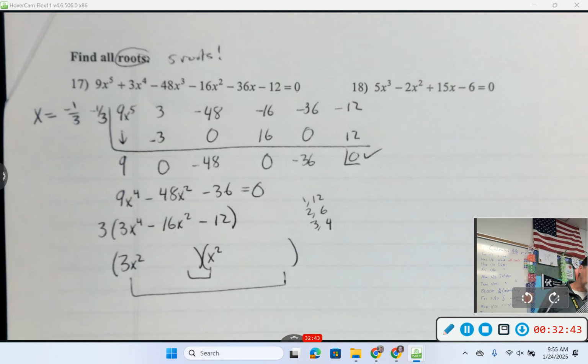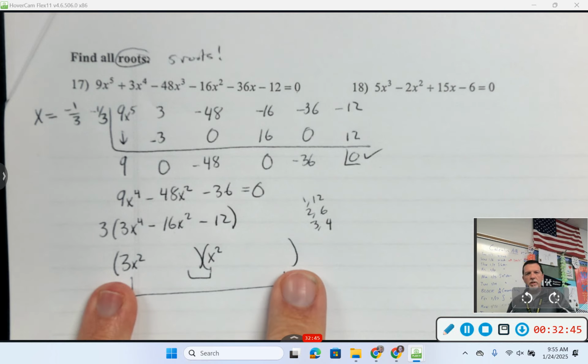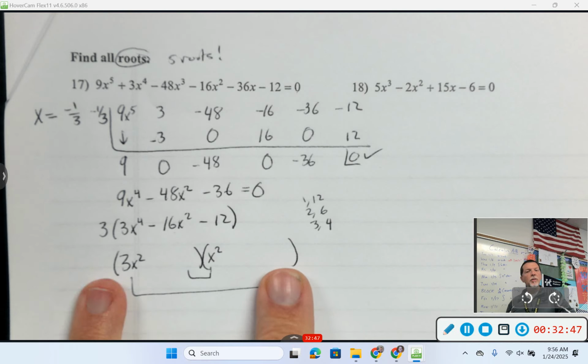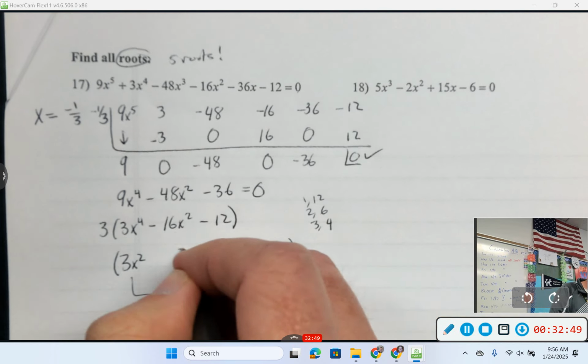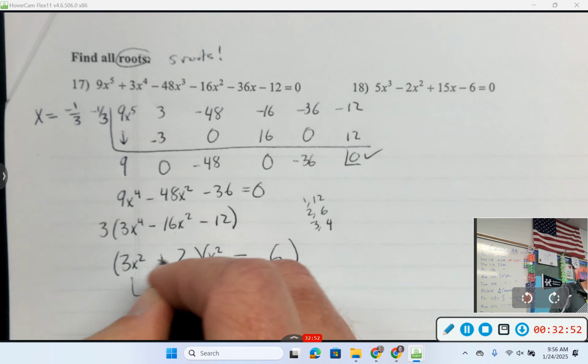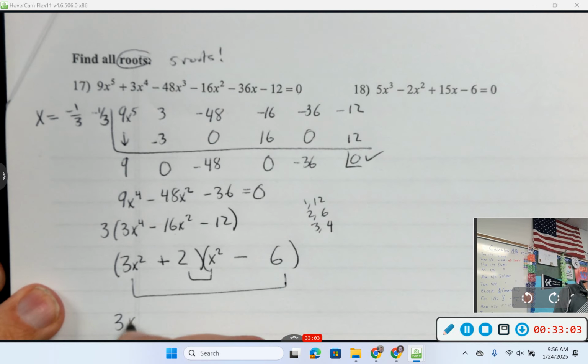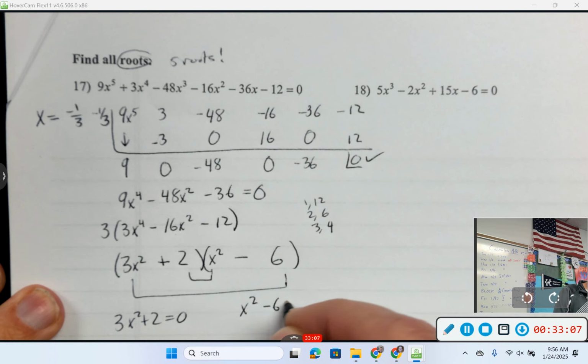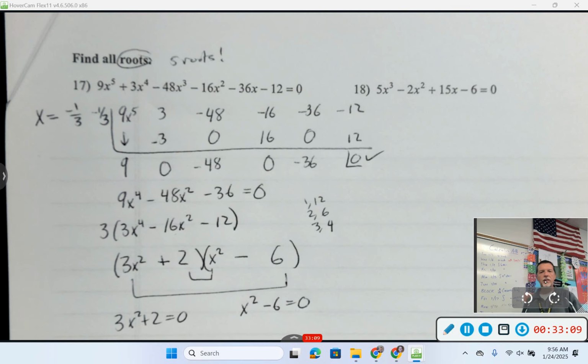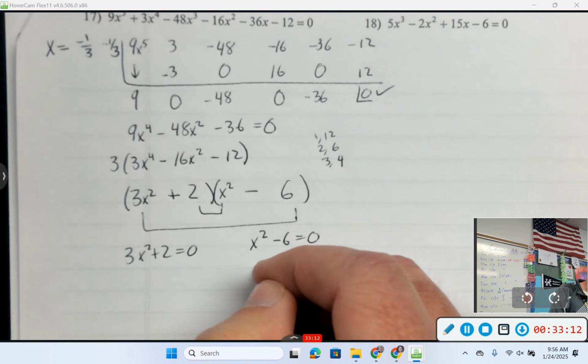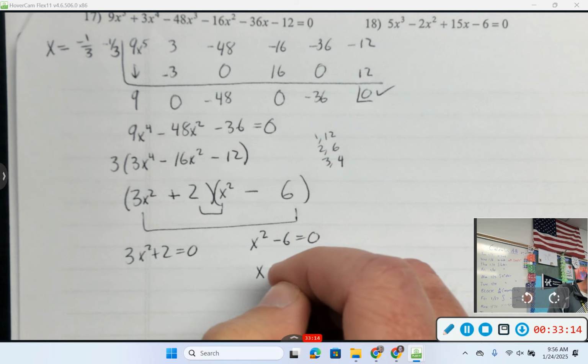We've got lots of options. 3 times 3, 3 times 4, that wouldn't do it. 3 times 6, though, that's 18. So minus 18 and plus 2. And now I can set each of those equal to 0. So I'm going to do the 6 first because that looks easier.